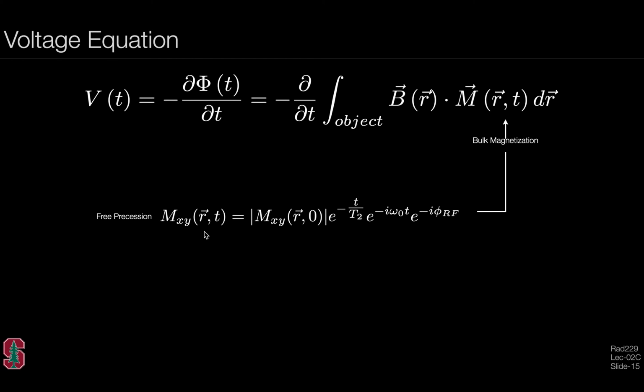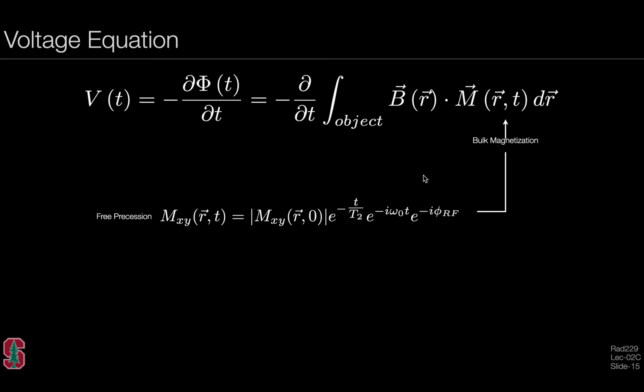So the state of the transverse magnetization depends on some initial state after a series of, say, RF pulses. That state will, of course, decay as a function of T2 relaxation. It will be precessing at a high frequency, the Larmor frequency, and it may have a phase imparted on it by the RF field itself.